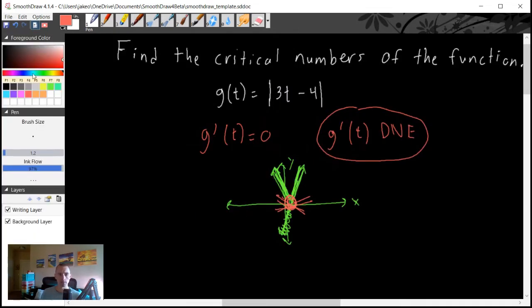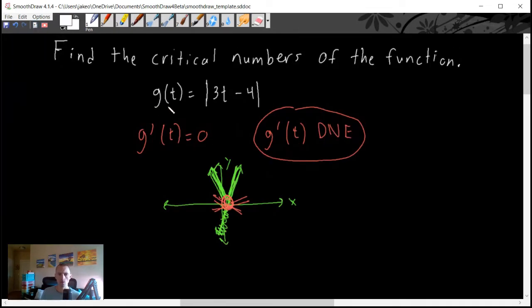Because basically we know that this function here, g of t, is going to be exactly the same, like I just said a moment ago, as whatever this linear function is for all y values that are positive, which we just figured out is basically from here to the right.